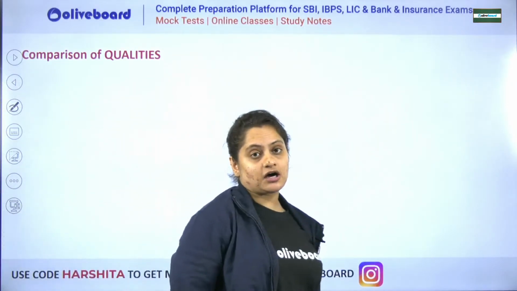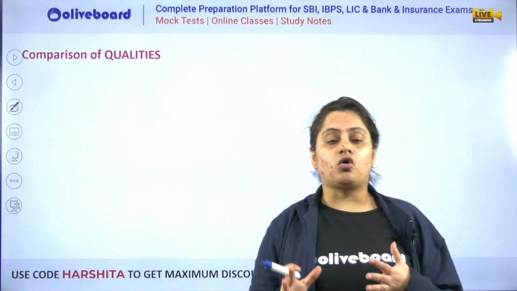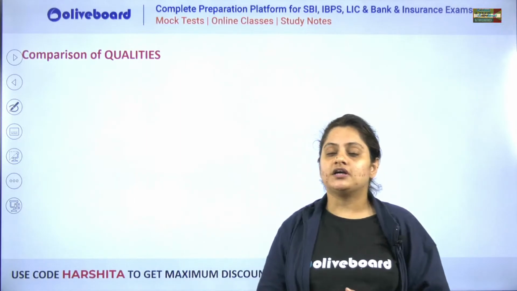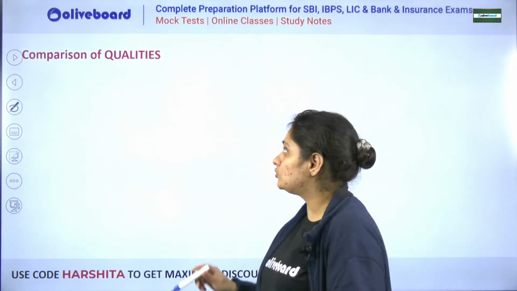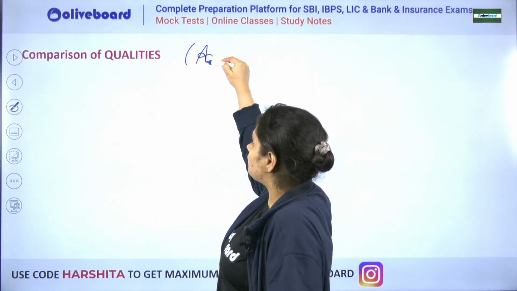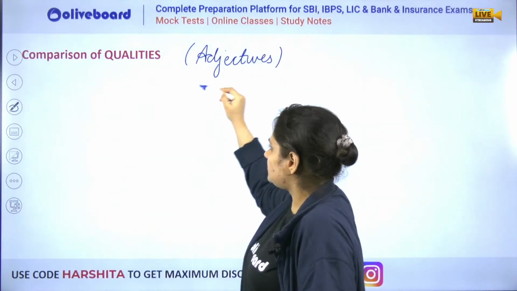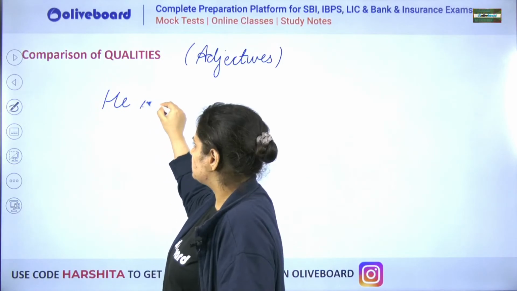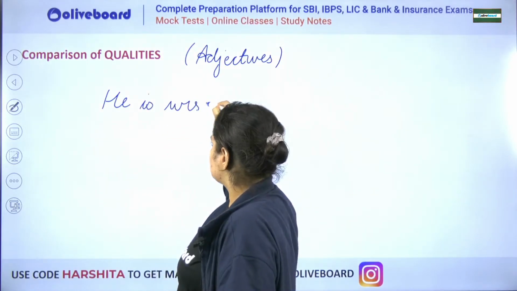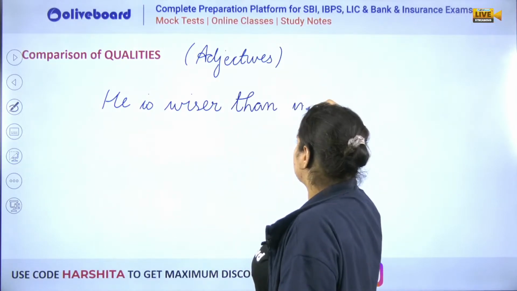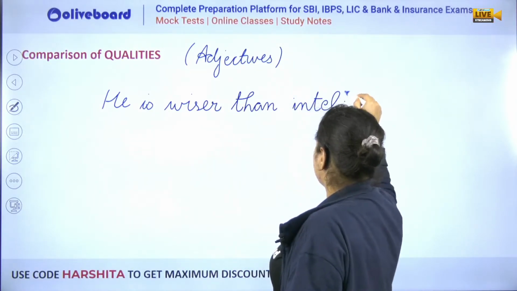Comparison of qualities. Now see, when you compare two qualities of the same person, there is a specific rule, from adjectives, which you will find in questions. For example, if I compare, he is wiser than intelligent. Now this may look like a correct statement, it is not.